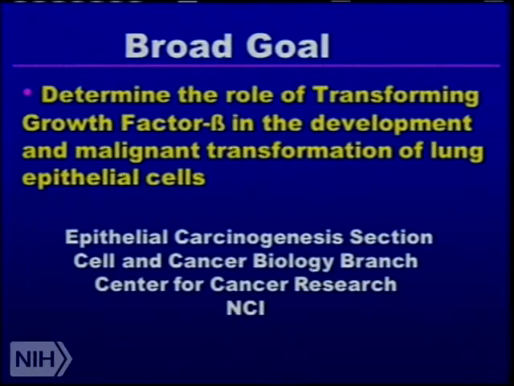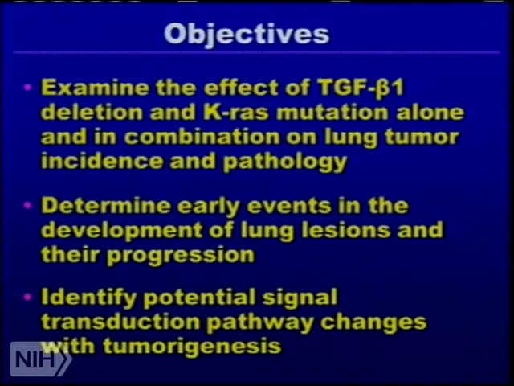So one of the broad goals of my laboratory was to determine the role of TGF-beta in the development and malignant transformation of lung epithelial cells. And this work was performed in the epithelial carcinogenesis section of the Cell and Cancer Biology Branch of the CCR of NCI. Our objectives were threefold.